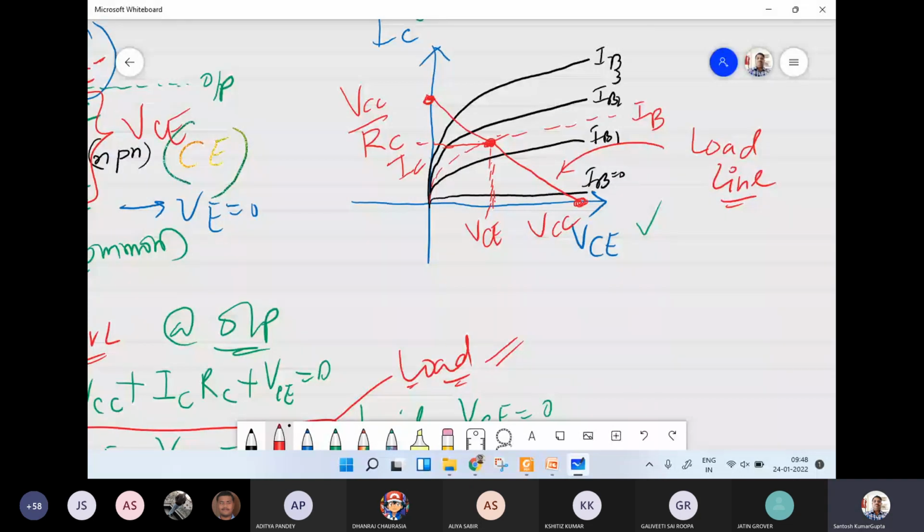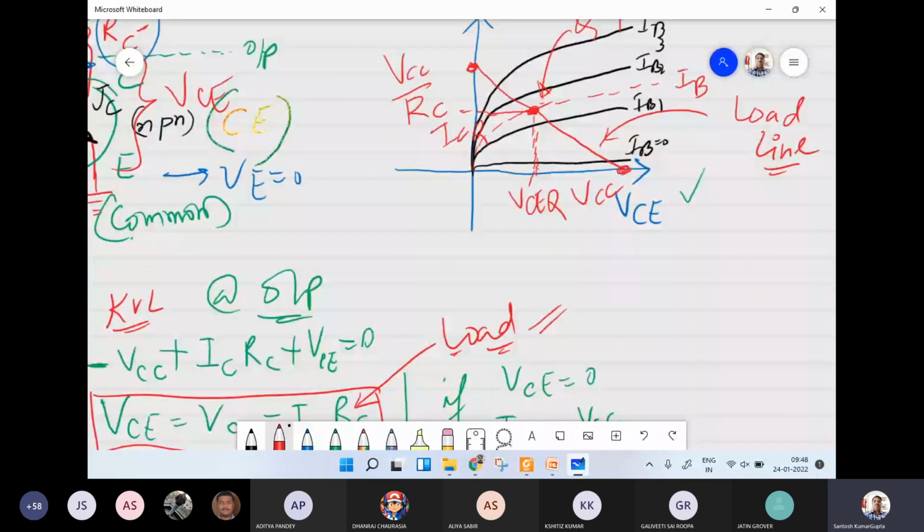This point of operation is called the Q point, and the corresponding values of the current and voltage are called ICQ and VCEQ. But this graphical method is difficult in the sense that we need to have a family of curves for a given transistor. So we have to do experimentation and we can find that out.